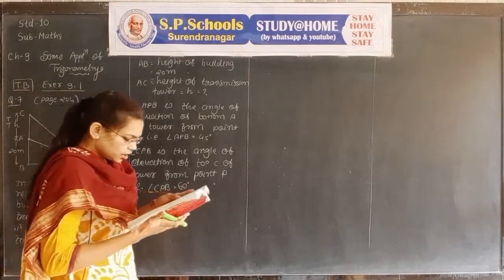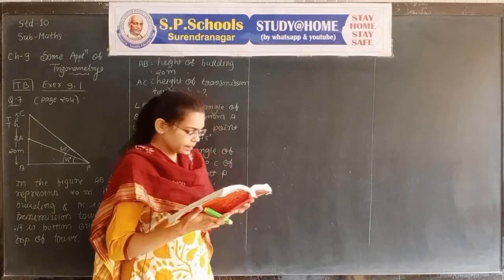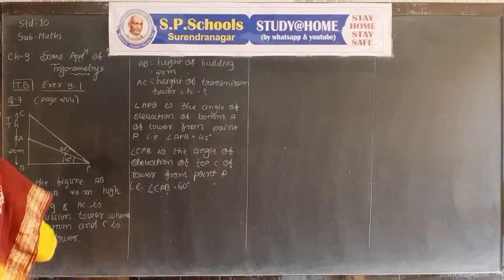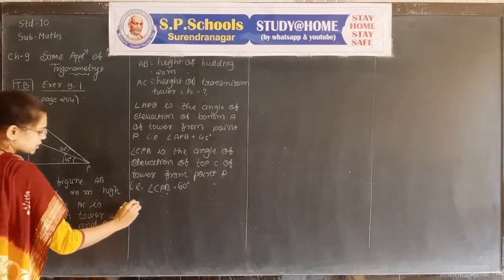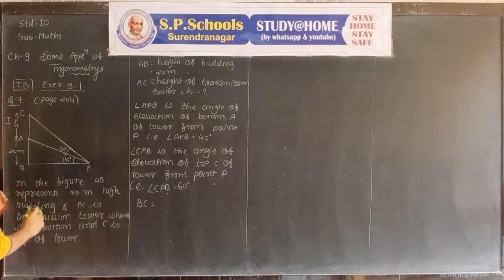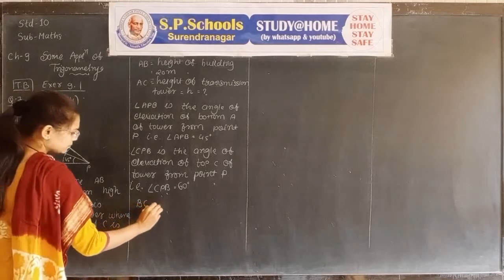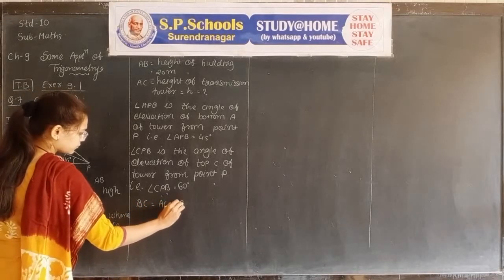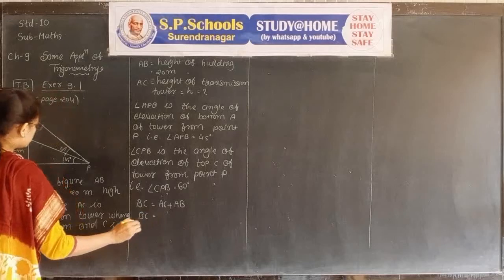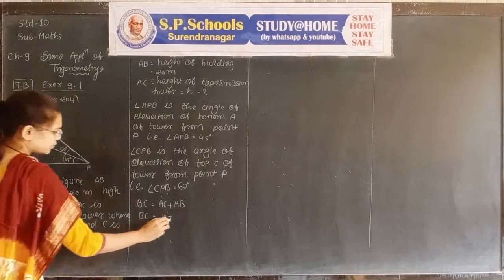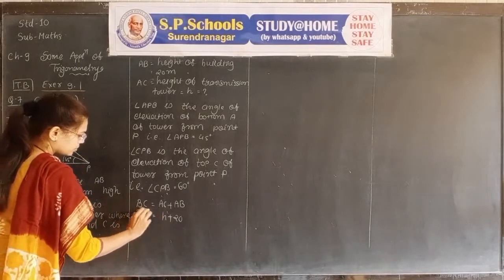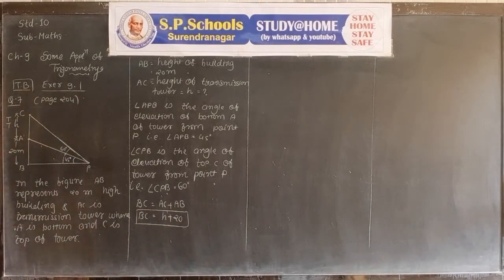Now another thing is not given. We need to find the height of the tower. Height of tower means H. From the figure, BC is equal to AC plus AB, where AC is H and AB is 20. BC is H plus 20. First of all, find BP using right triangle ABP.